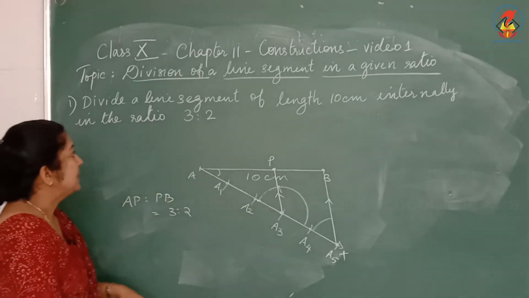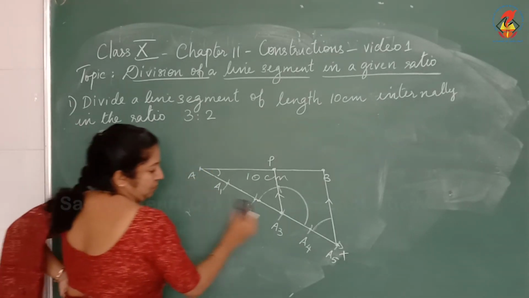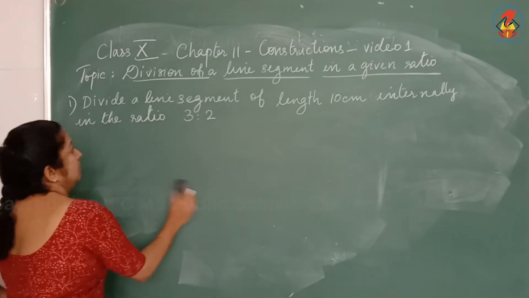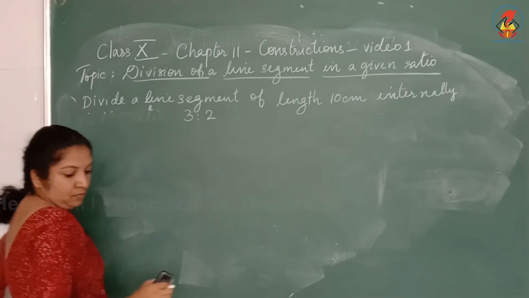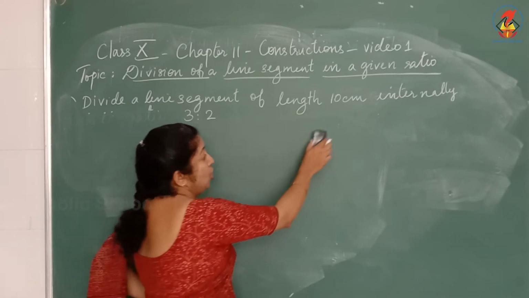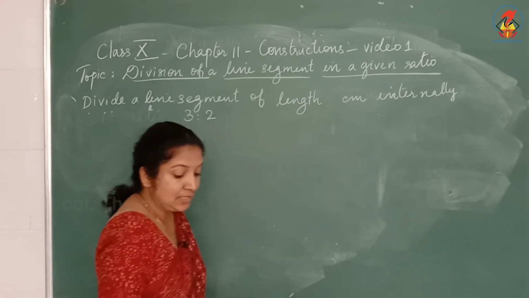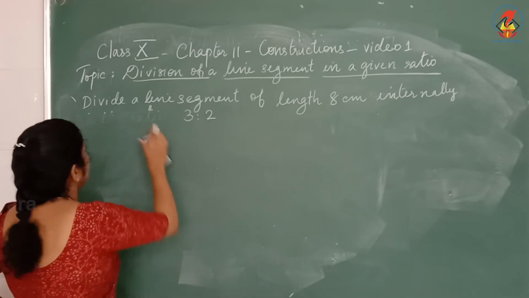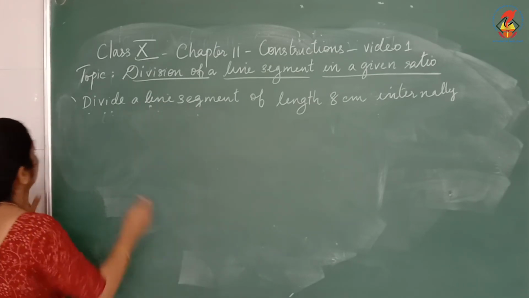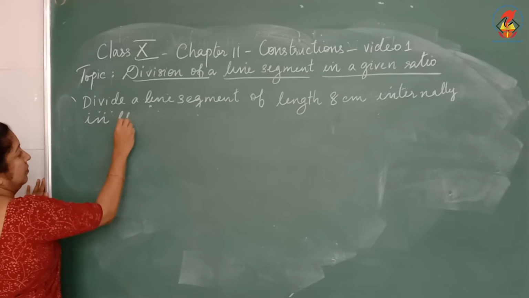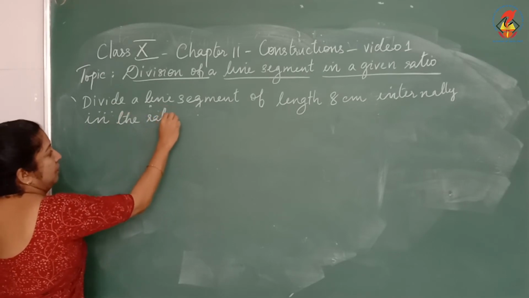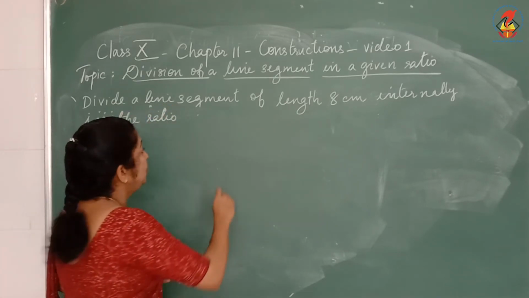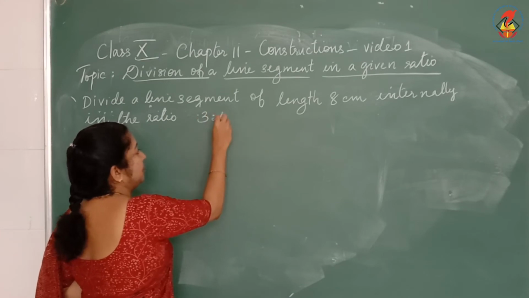I'll give one more question. Divide a line segment of length 8 centimeter internally in the ratio 3:4.